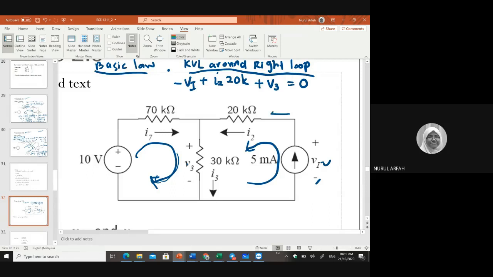Yes, because you entered this one, it should have a plus, and enter this one, you should have a plus. Since this one equals this, you just follow the plus sign.